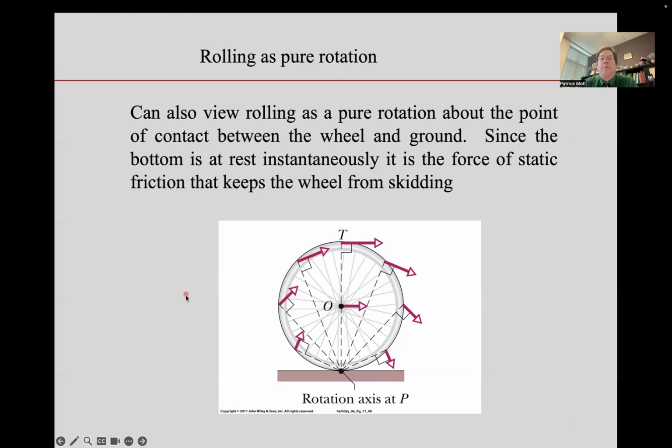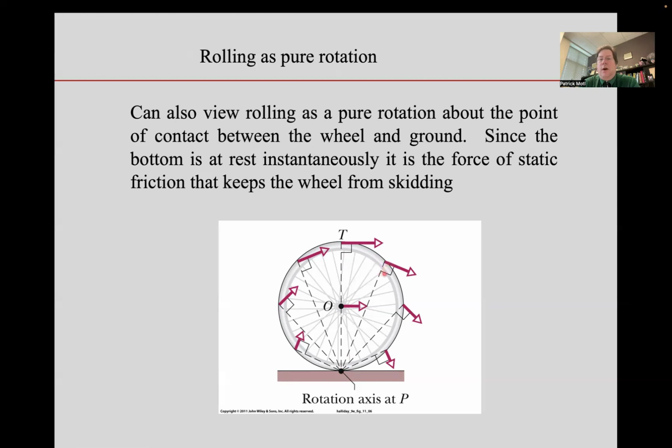It's not too bad. So that rolling as rotation plus translation, we can view that as a pure rotation about an instantaneous rotation axis that is the point of contact between the wheel and the ground. And so then to map out what the velocity field is for the rolling wheel, I just measure a position vector from the point of contact to the point where I want the velocity vector.